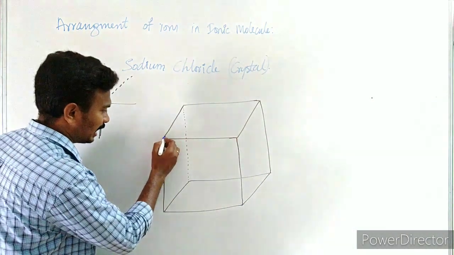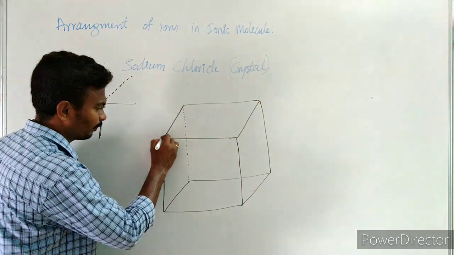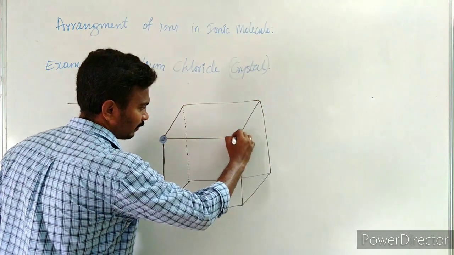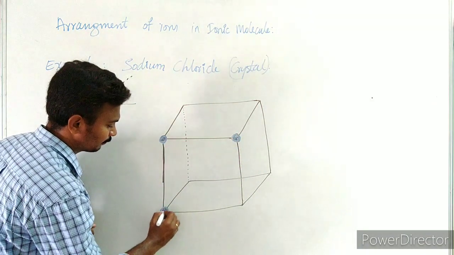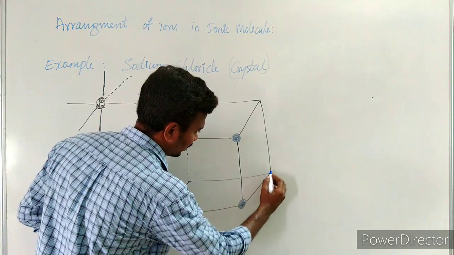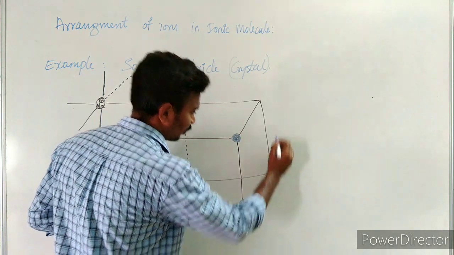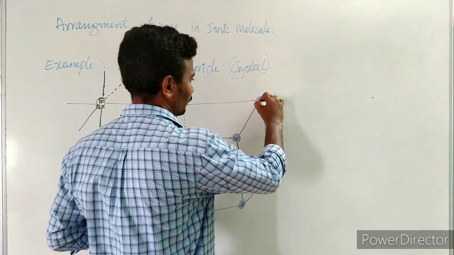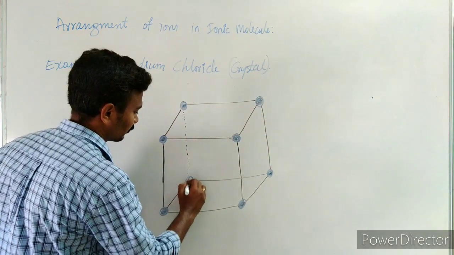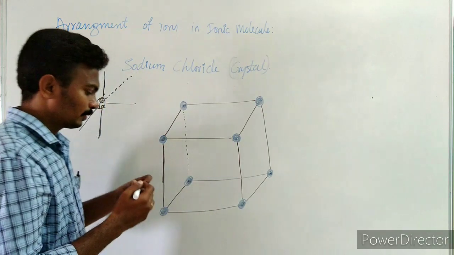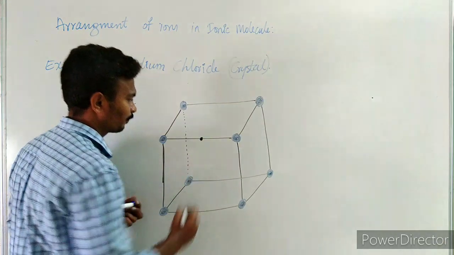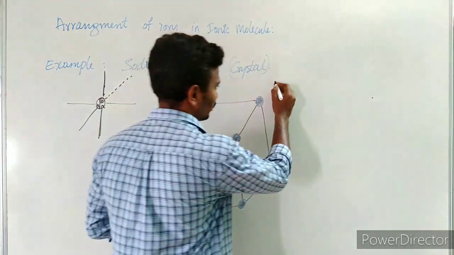Now, at each corner of the cube, the chloride ion will be arranged. These big sized ions are chloride ions, and they will be attracting their counter ion Na plus.